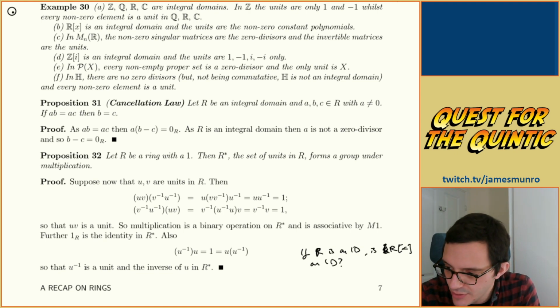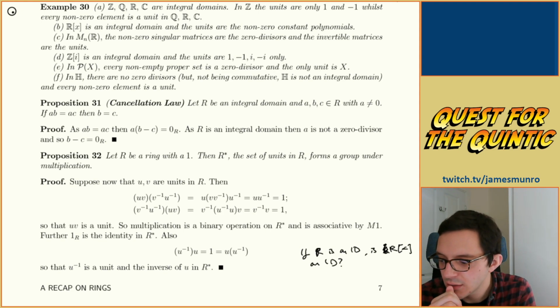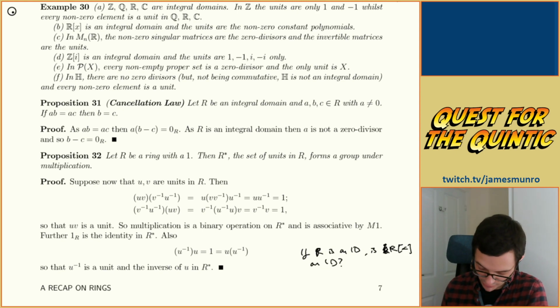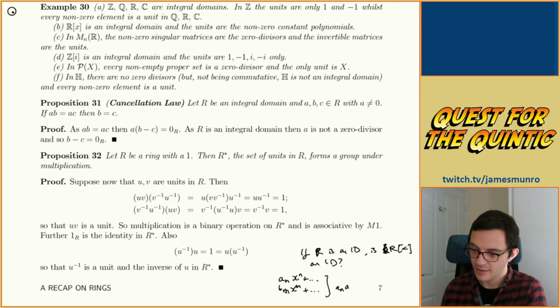Here we go. So, R is an integral domain. What do I think? I think this idea of degree possibly extends. So let's think about this. The top coefficients, if I have an x to the n and bm x to the m, then when I multiply them, I'll get an bm x to the n plus m as the degree.